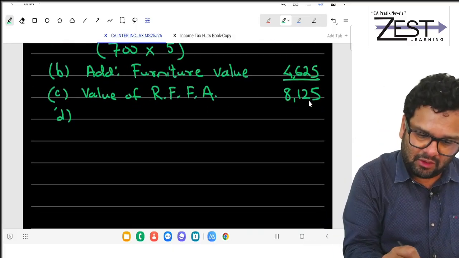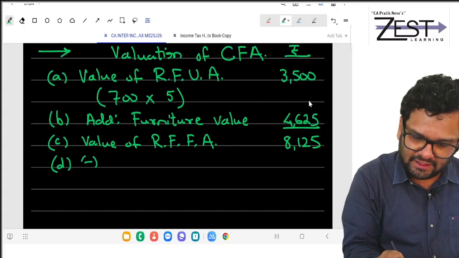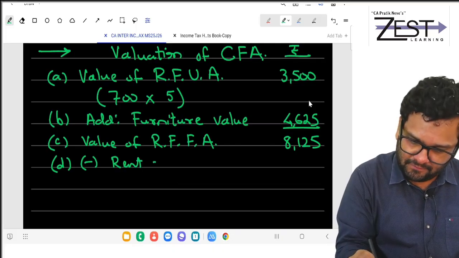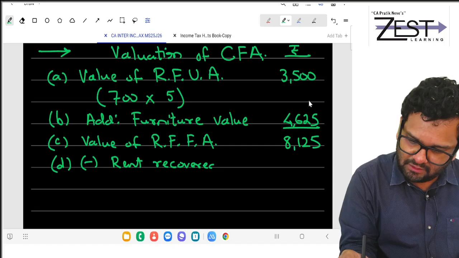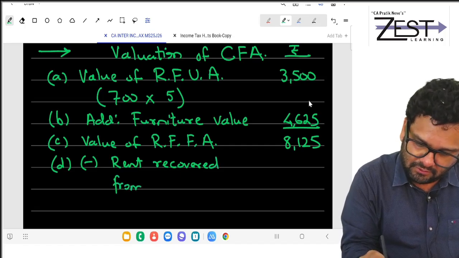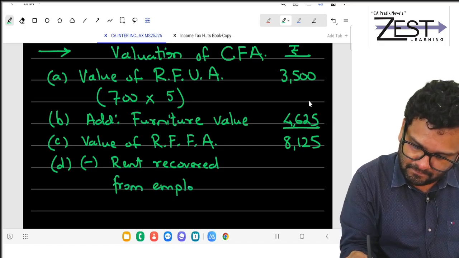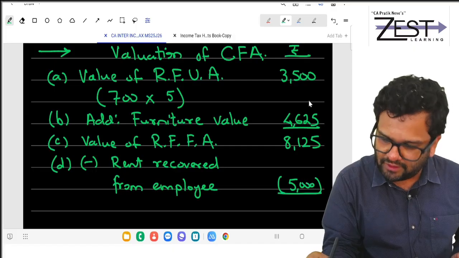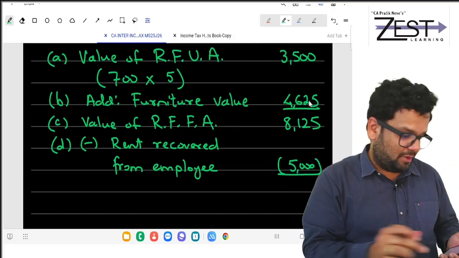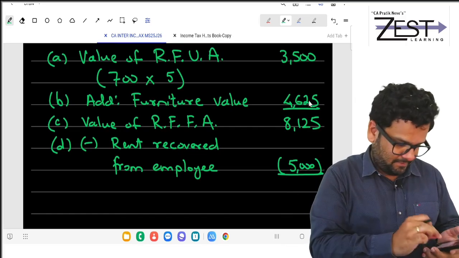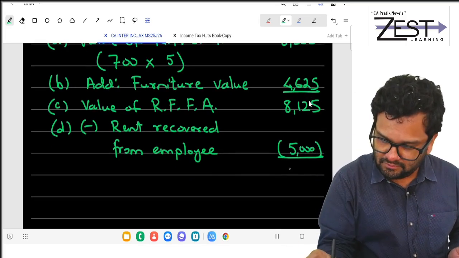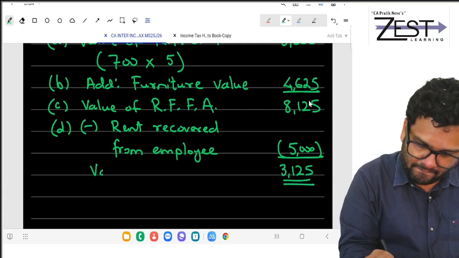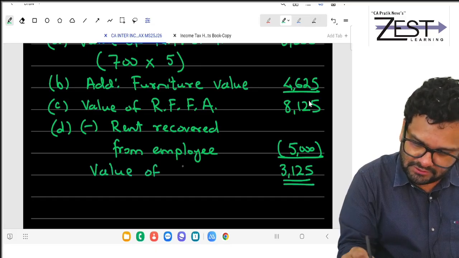And now can you minus rent recovered from employee? What is rent recovered from employee? 5000. You know why 5000? 1000 into 5. So what is the value of perk? 31. Do you agree with me?